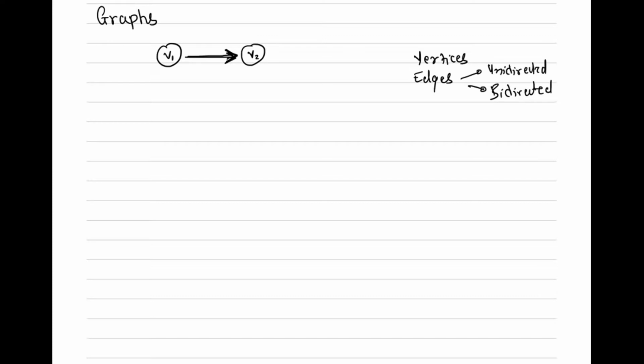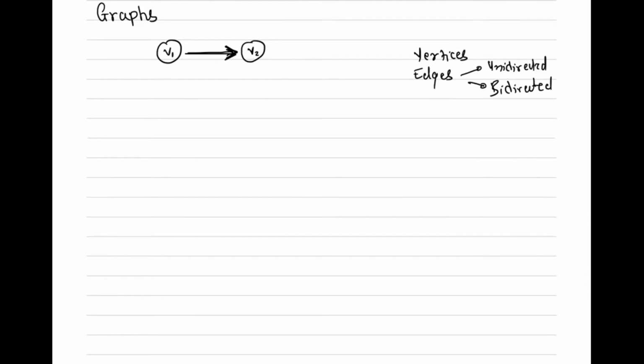The significance of the arrow is that if you are supposed to travel from a vertex V1 to V2, the entire idea of graph is to travel from one vertex to another. So if there is an edge which is unidirected between two vertices V1 and V2, and you are looking to travel between the vertices, this arrow says that you are only permitted to travel from V1 to V2, not otherwise. You cannot come back from V2 to V1.